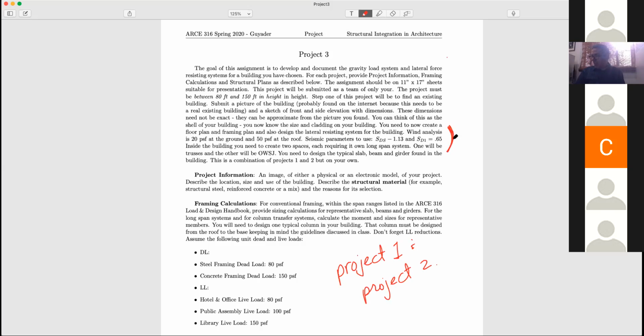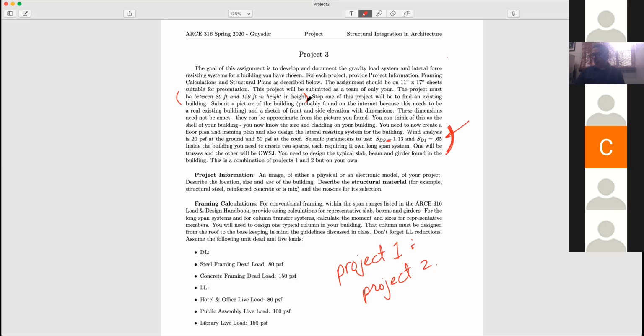We're going to pretend that no matter what building you choose, there are going to be your seismic coefficients in terms of calculating base shear. You're going to find a building that is between 80 and 150 feet. So basically, roughly a 10-story building, somewhere around 8 to 15 stories.